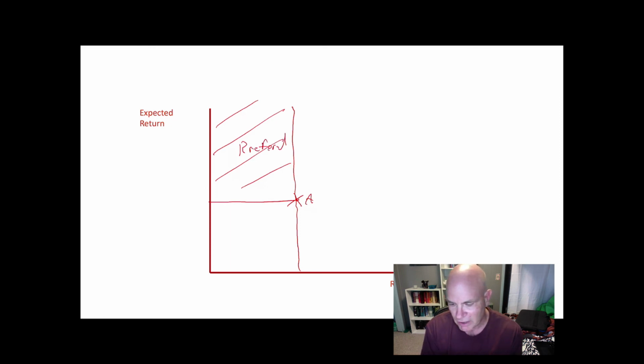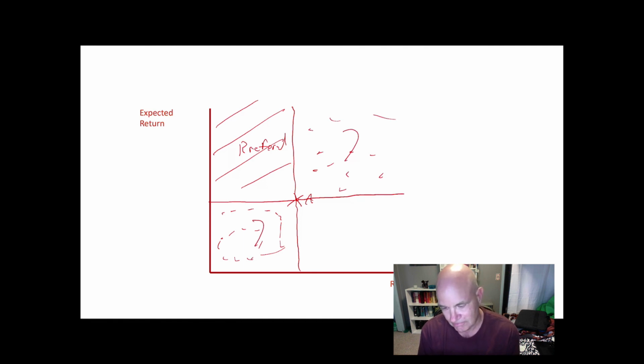All right, if we look at this region, we don't know if the person will prefer this or this. But we know that they don't want anything here. Worse.